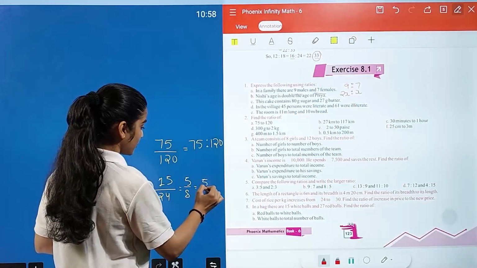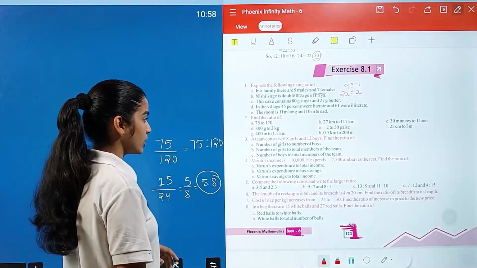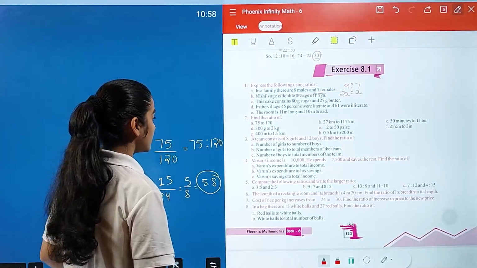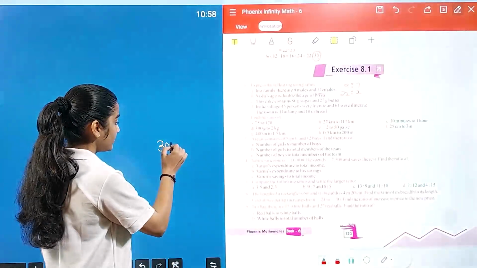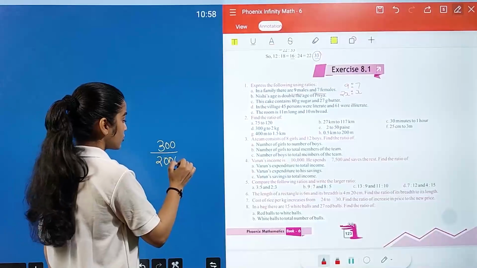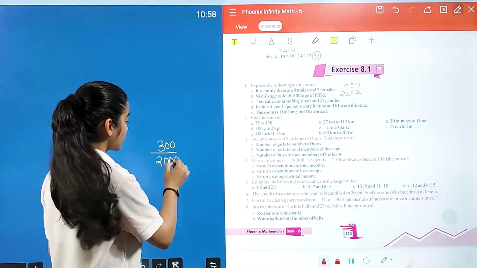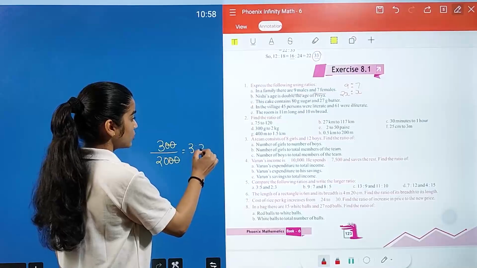So 5 is to 8 is the simplest form of 75 upon 120. Next we have 300 gram to 2 kg. So 300 gram and 2 kg will be 2000 gram, because we have to change kg into gram. So 2 zeros are cancelled out with 2 zeros. So the ratio will be 3 is to 20.